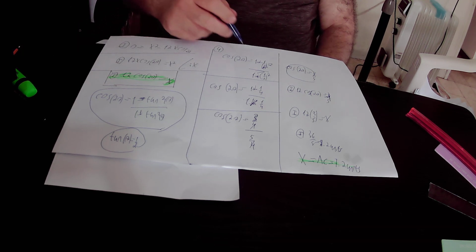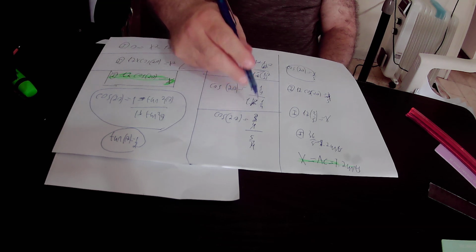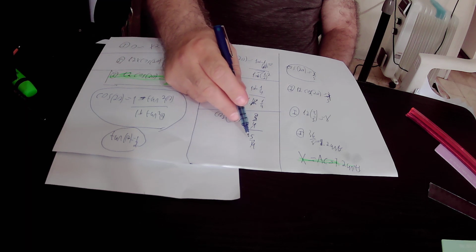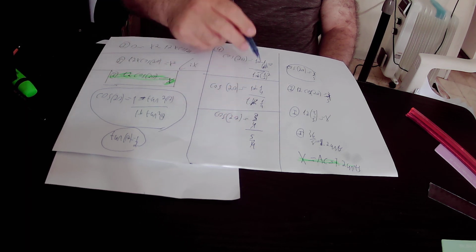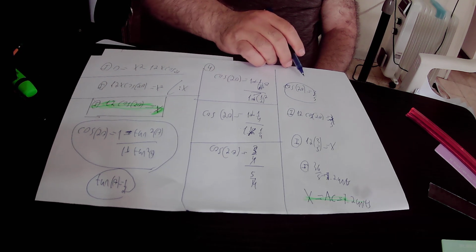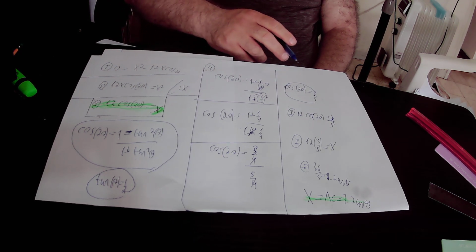So 1 minus 1/4 is 3/4, and 1 plus 1/4 is 5/4. Here we have 4 in the numerator and 4 in the denominator, so 4 cancels, and we are left with cosine 2 theta equal to 3/5. So we found that cosine 2 theta equals 3/5.